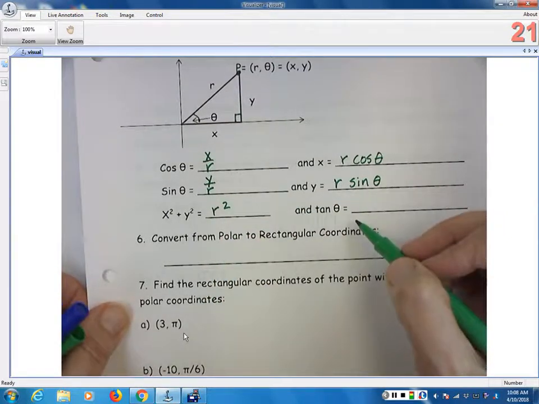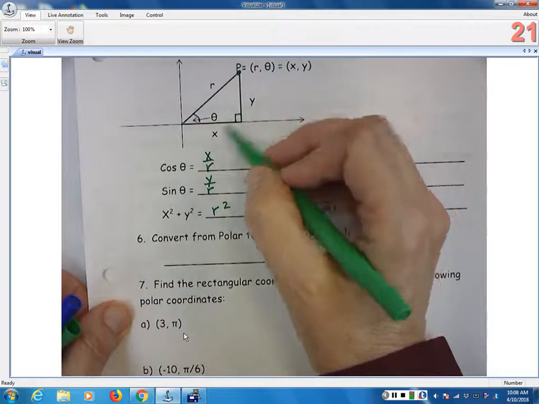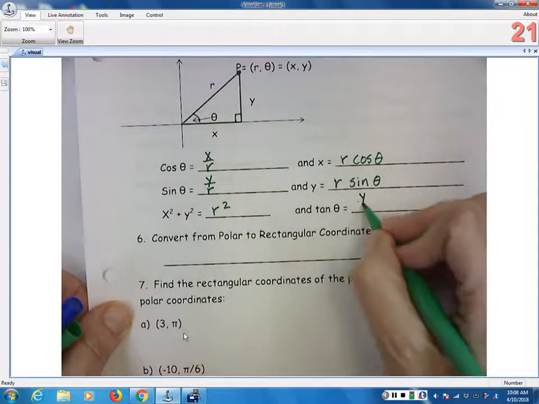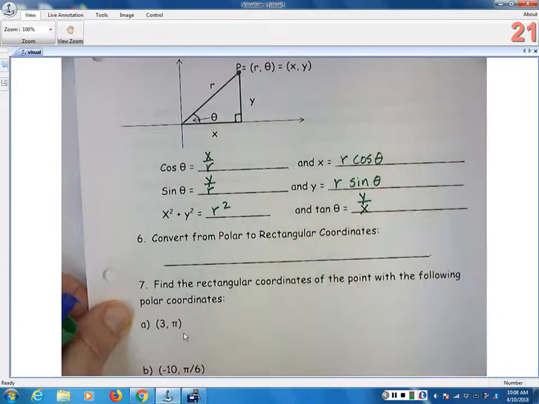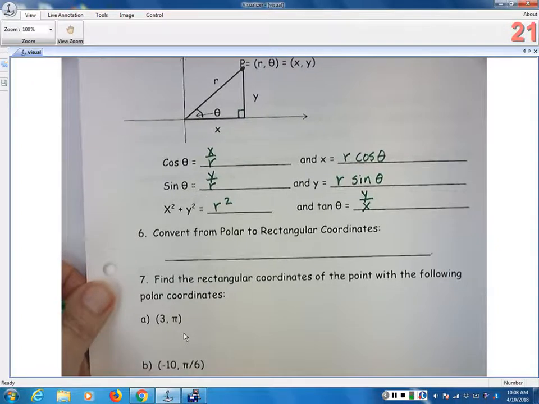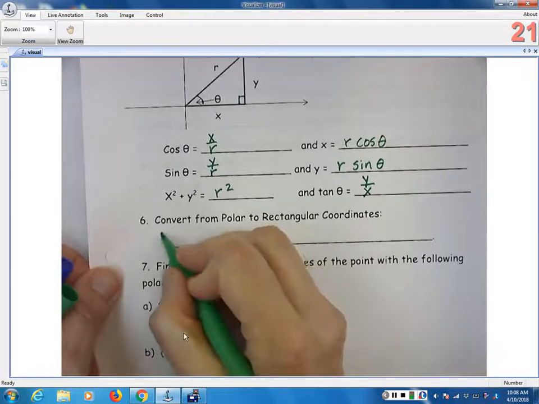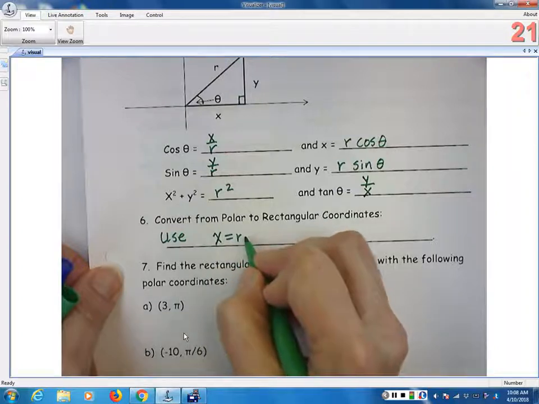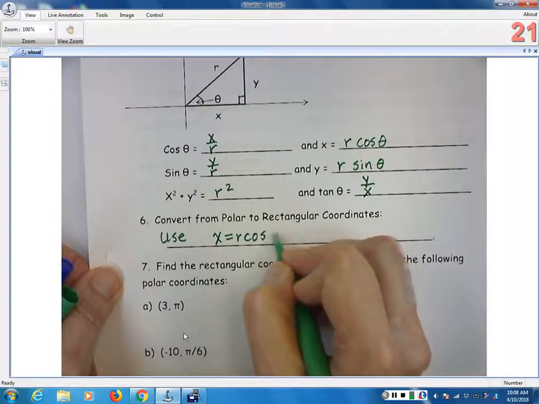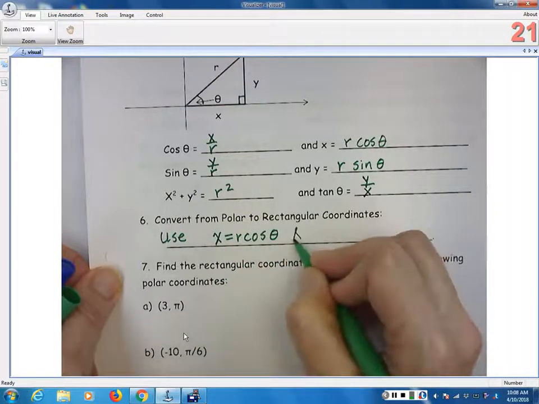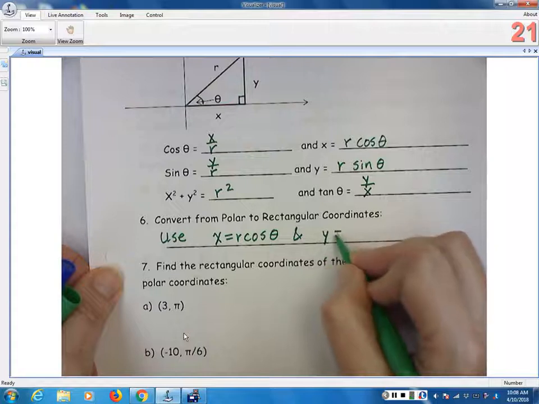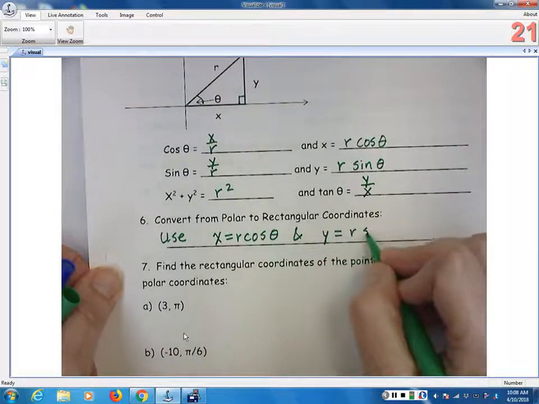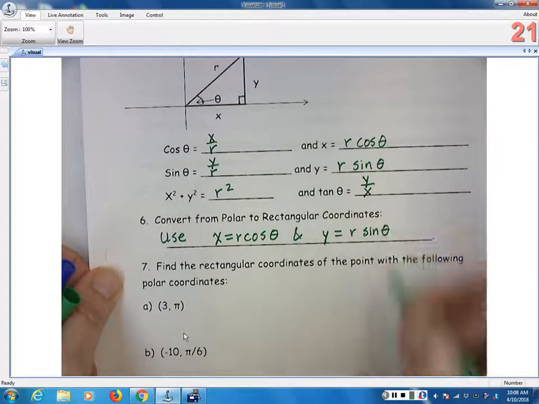Tangent of theta is opposite over adjacent, y over x. So here's how you convert from polar to rectangular coordinates: you use x equals r cosine theta and y equals r sine theta. You use those formulas.